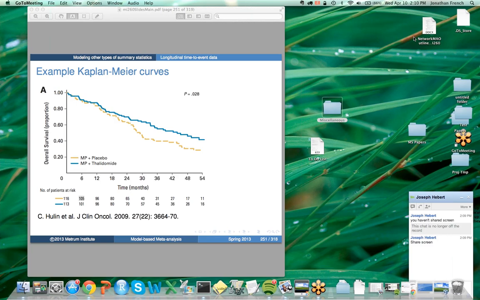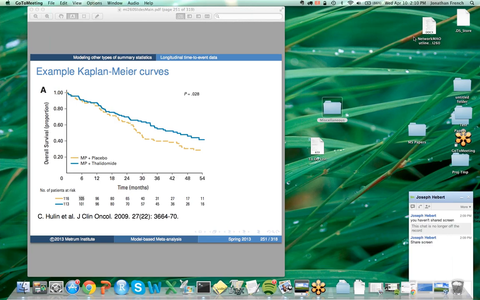We'll give an example in just a minute about what exactly we're referring to when we talk about time to event data. But I'll assume that at least at a high level, everyone has some concept of the kinds of data that we're talking about. And as with any kind of meta-analysis, the gold standard, the best approach that we can take for doing a meta-analysis of any kind of time to event data is using patient-level data.